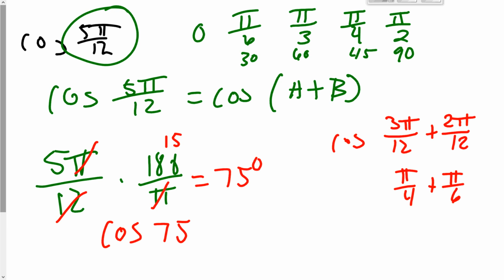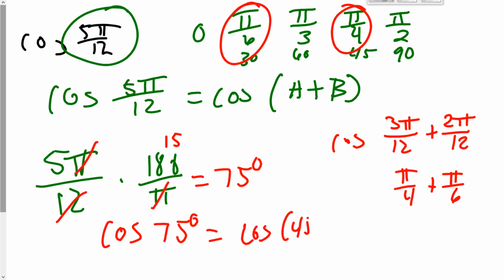Then I can look at those, because I know pi sixth and pi fourths. But might as well just convert it to degrees, because you can add those easily. So cosine of 45 plus 30. That was probably a lot easier than doing the fractions.